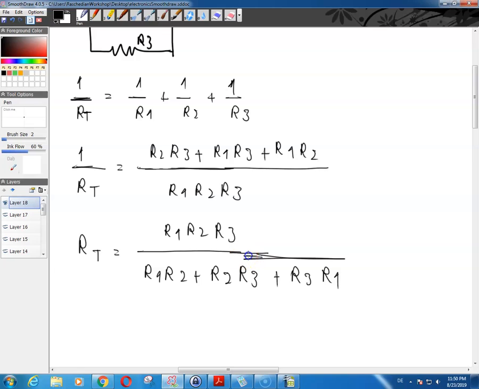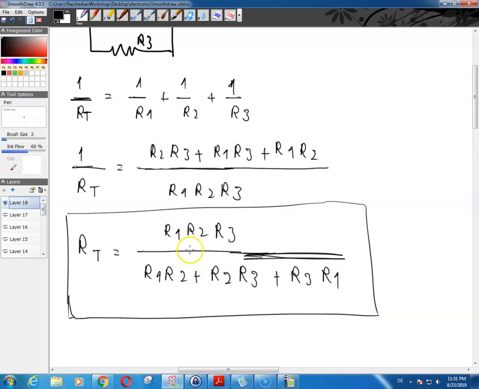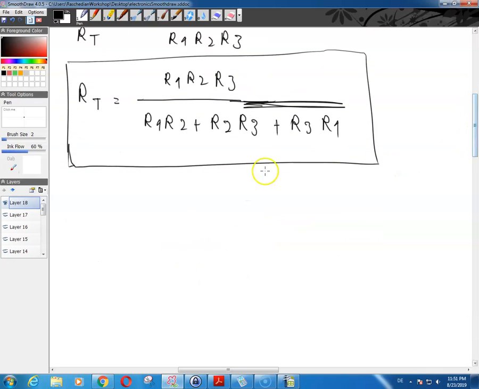And the way that you can memorize this thing is, usually more than 3 resistors you don't need, so you don't need to derive any formulas for that.